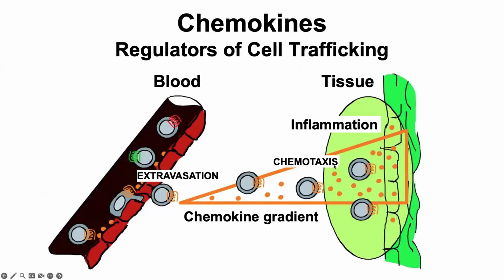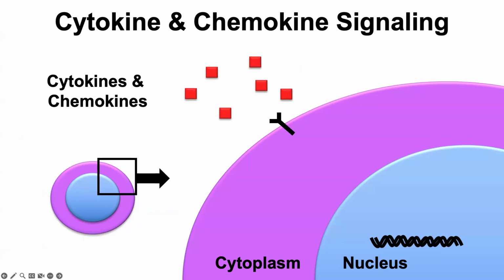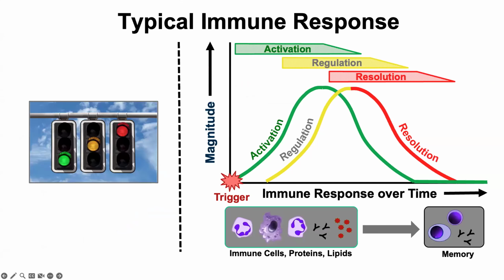As I mentioned, they can communicate with each other through direct cell-cell interactions, but they also do it through cytokines and through chemokines. Chemokines are what draw the immune cells into the tissues and bring them to the sites of infection.